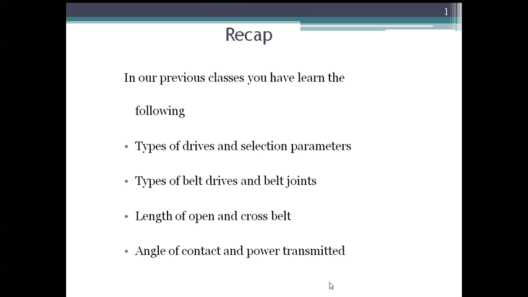Whereas for the cross belt drive, it is the same on both pulleys, and the angle of contact is 180 plus sine inverse of (R1 plus R2) by D. Here the angle of contact is more.